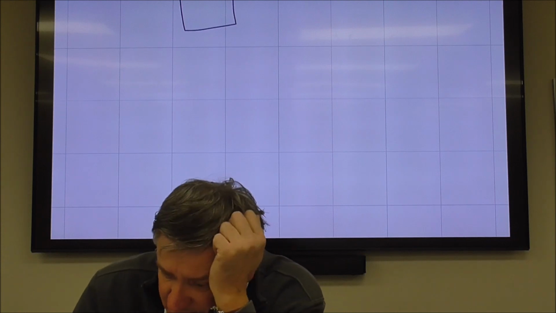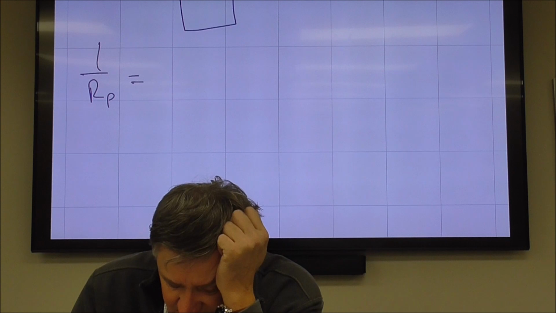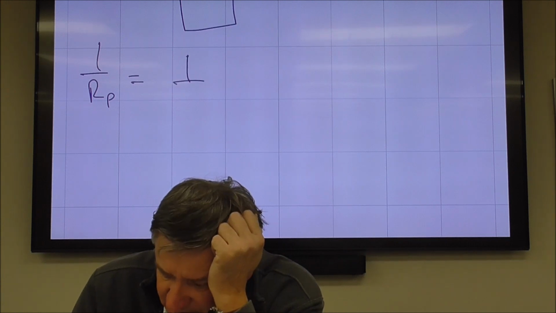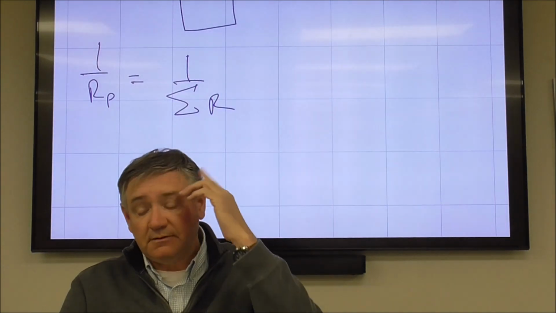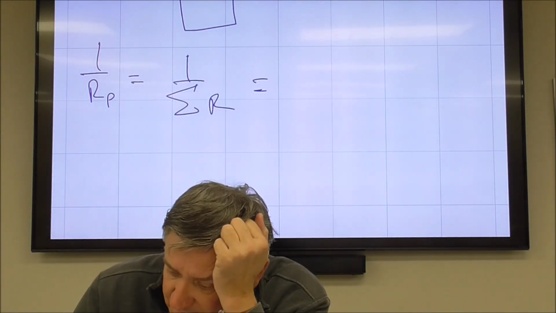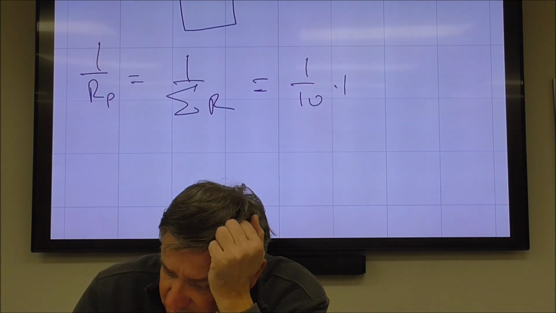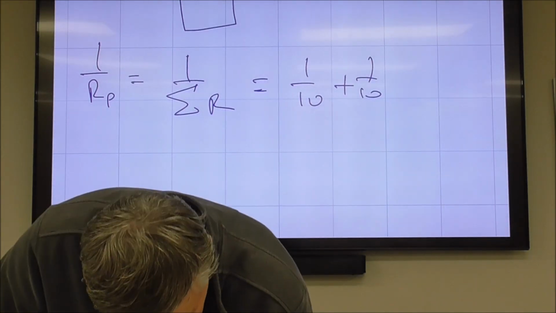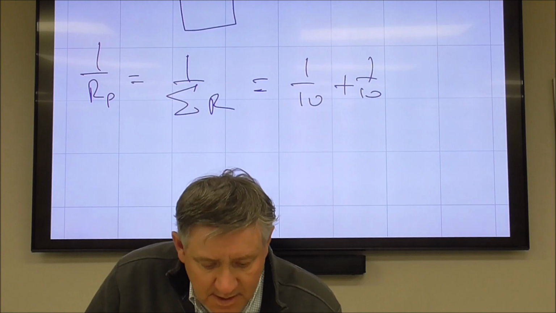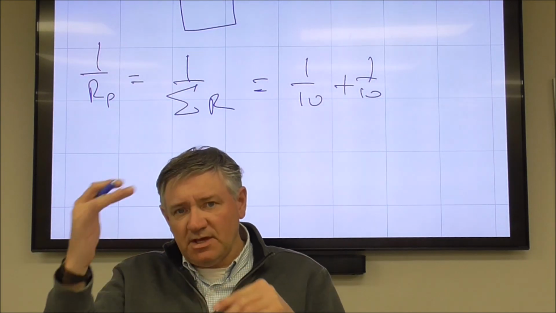So down here, you have 1 over RP equals the sum of the inverses of the resistors. So here's what I've got: 1 over 10 plus 1 over 10. If they are in parallel, then you add the inverses.